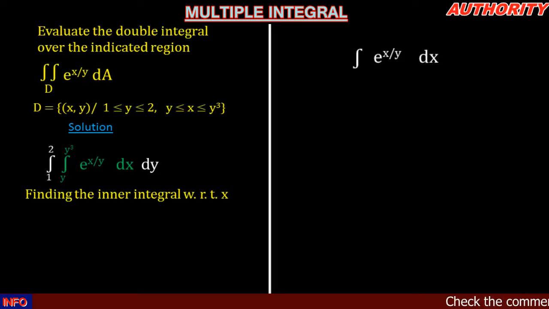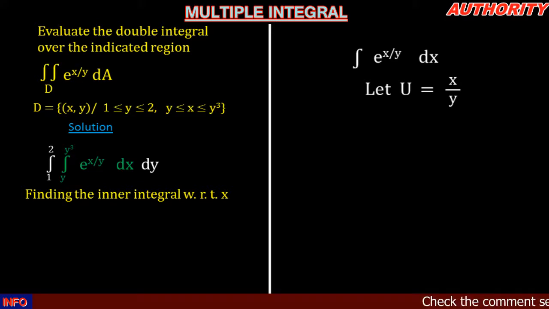Okay, so for us to evaluate this, we are going to make use of u substitution. We are going to say let u equal to x over y. This exponent, e raised to power x over y, we're going to call x over y a letter. Let's use letter u.